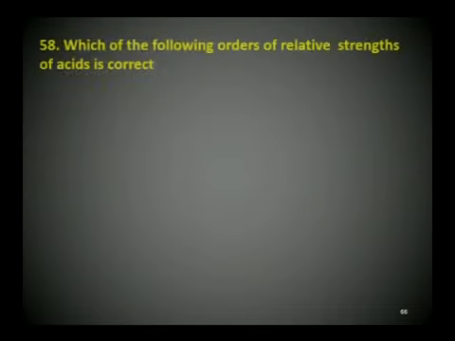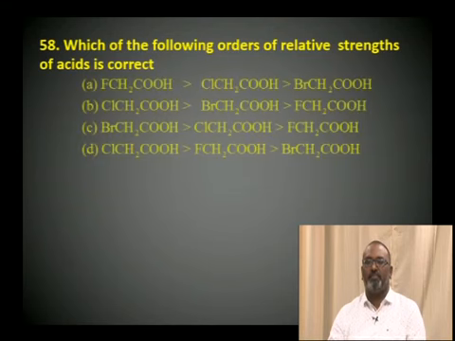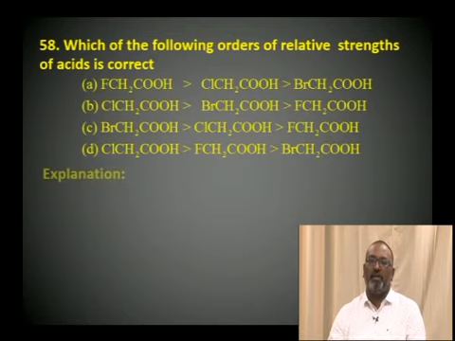Question number 58. Which of the following orders of relative strengths of acids is correct? Here you can see there are 4 options. They are related with fluoroacetic acid, chloroacetic acid and bromoacetic acid. Let us go for the explanation.